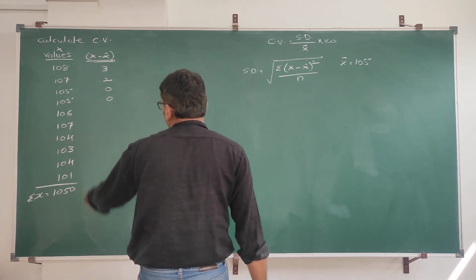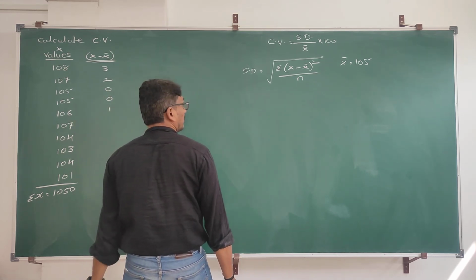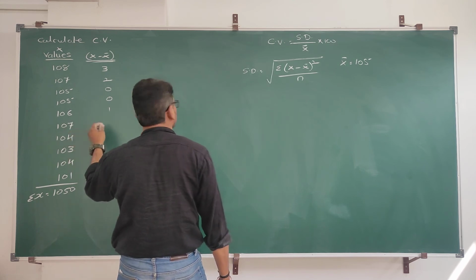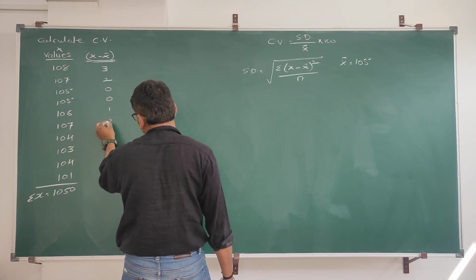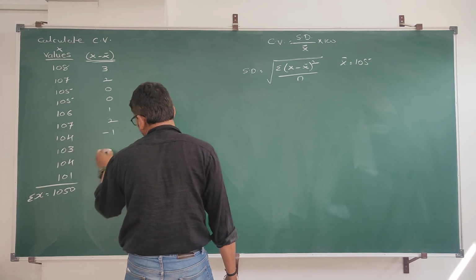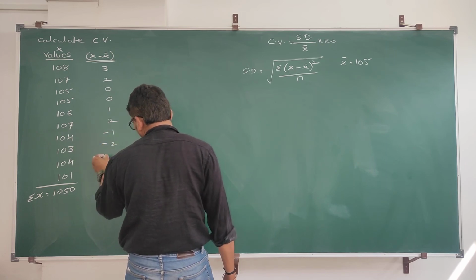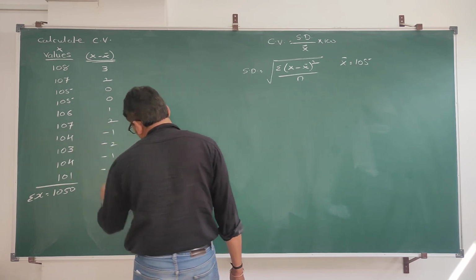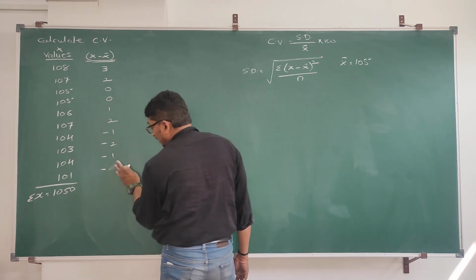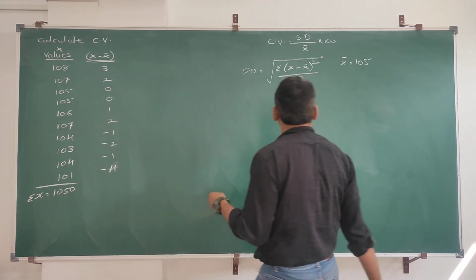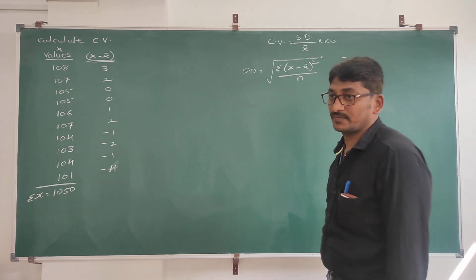Again 0. 106 minus 105, 1. 107 minus 105, 2. Then minus 1, minus 2, minus 1, and 101 minus 105 is minus 4.